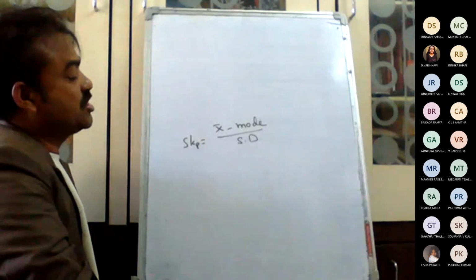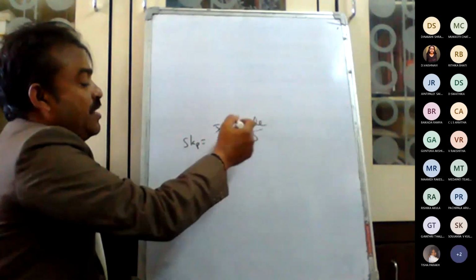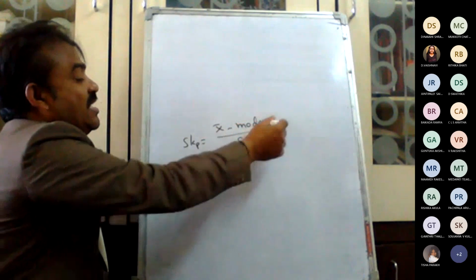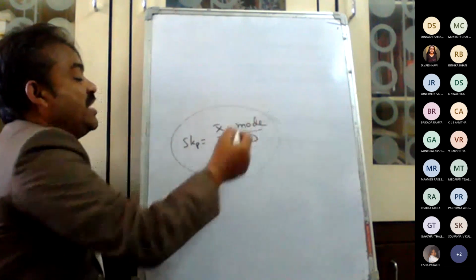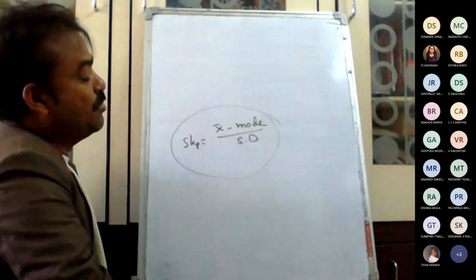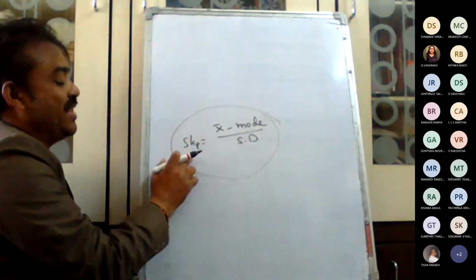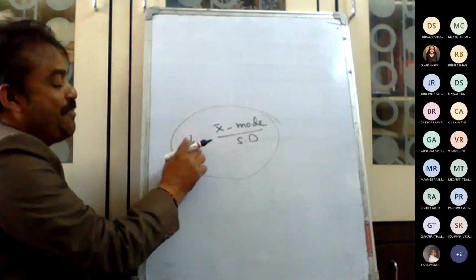So, what is the relationship among these two? It means the mean and mode with the relationship with the standard deviation. What is the deviation from mean and mode will be known with the help of the coefficient of skewness. It means SKP.